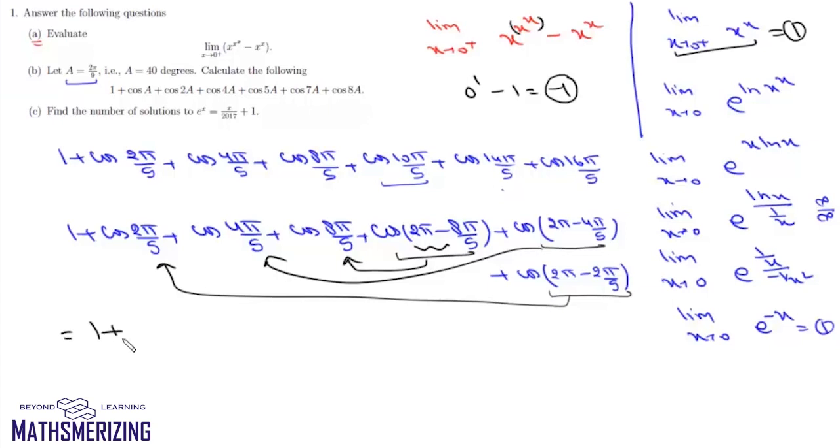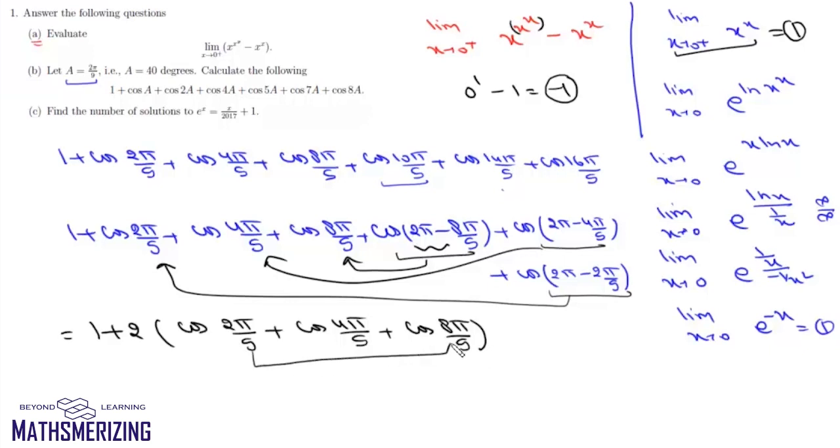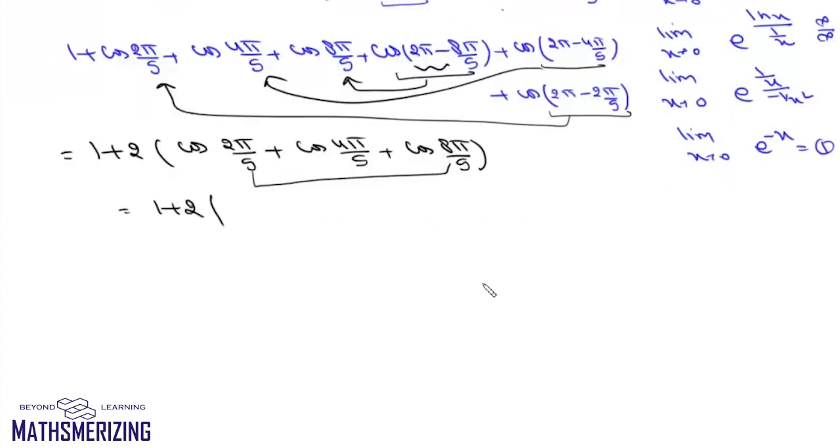So we can write this as 1 plus 2 into cos 2 pi by 9 plus cos 4 pi by 9 plus cos 8 pi by 9. Now we'll use cos C plus cos D, taking these two together. So we can write 1 plus 2 into, so it will be 2 cos C plus D by 2.